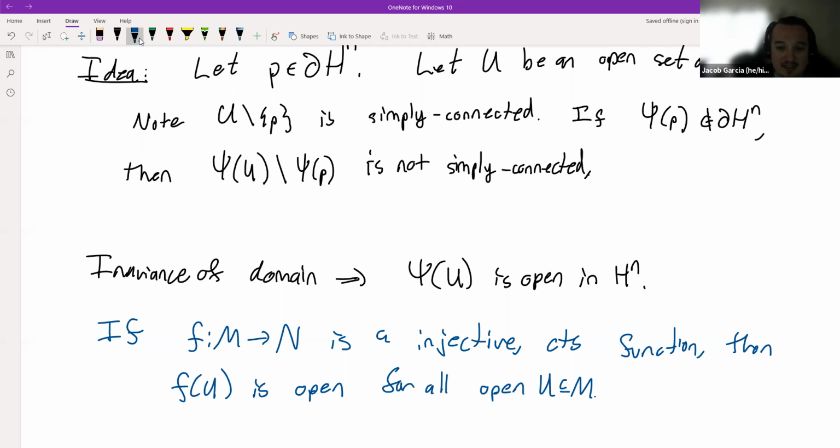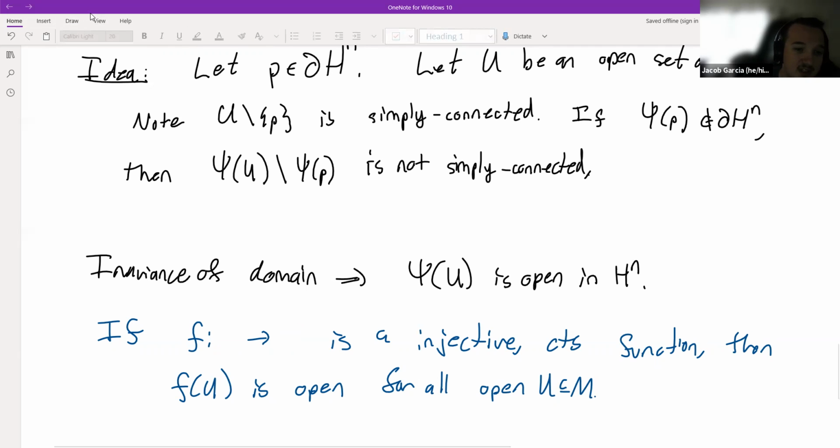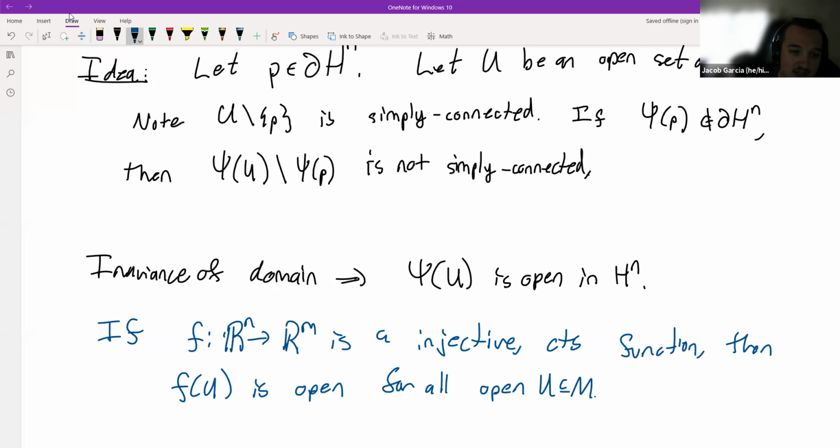Or rather, sorry, the way that most people write it is more specific. They normally write it in terms of Rn to Rm. Or maybe Rn to Rn. I don't know the detail. I should have spent more time looking at invariance of domain.